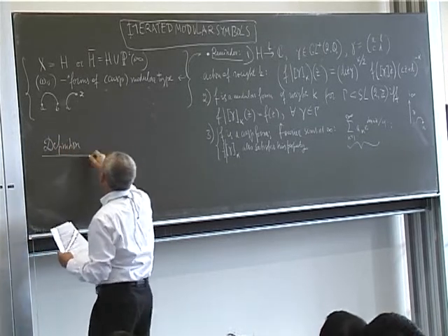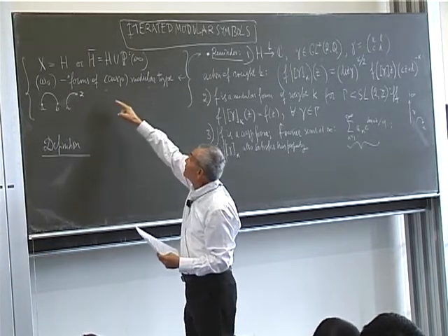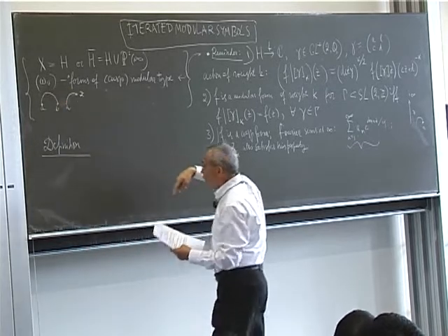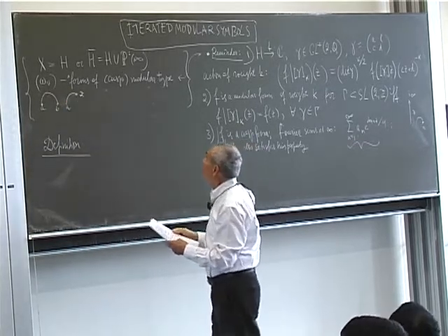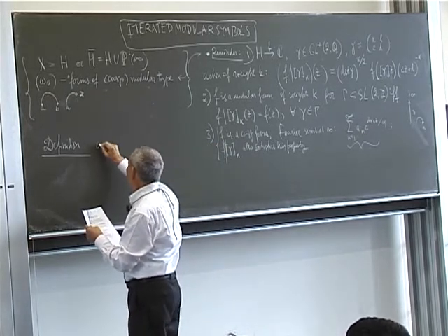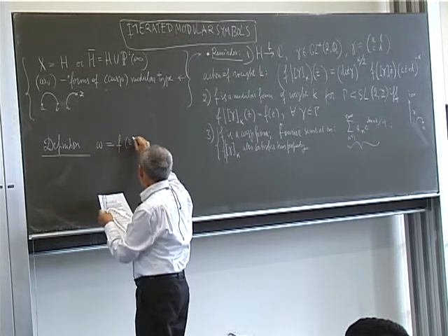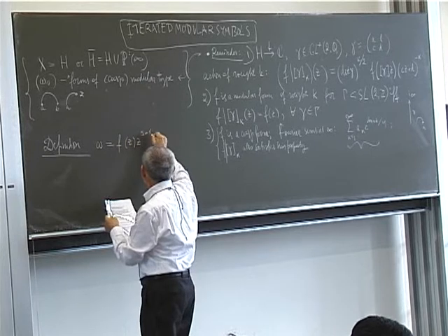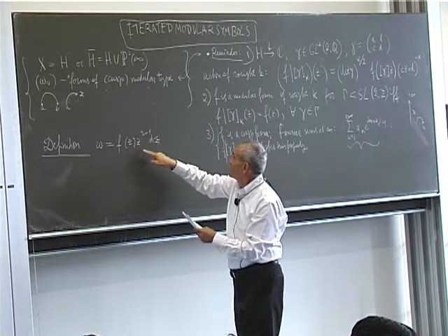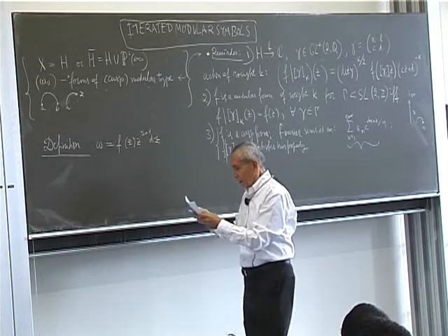This was preparation to the definition of what is a form of cusp modular type, which is a differential. What is the differential form of cusp modular type? So I will be considering omega of the form f of z, z to the power s minus 1 dz. If you wish, you should actually divide z by i and then normalize, but I will not do it. This is a simple thing.